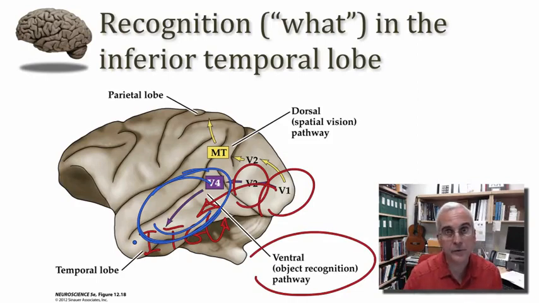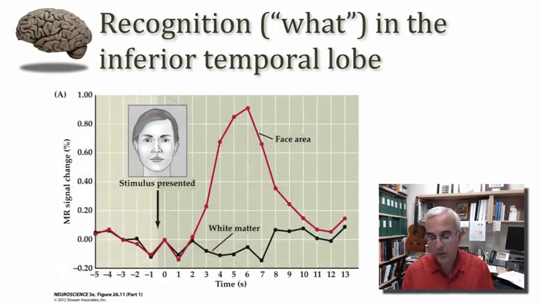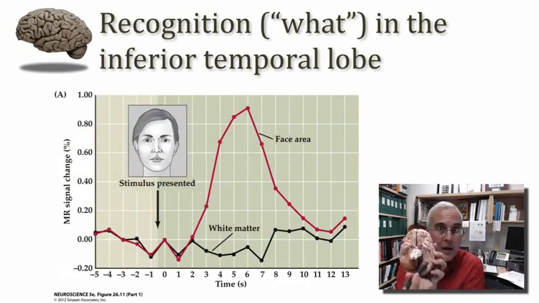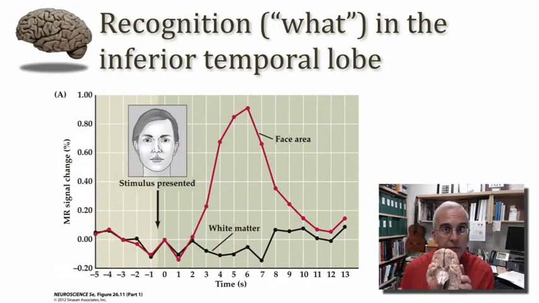And we've been able to do that with our brain imaging techniques such as functional magnetic resonance imaging. And when these experiments have been done, what is quite clear is that there are regions in this inferior temporal lobe, again associated with this so-called fusiform gyrus region, that seem to become especially active when we are confronted with a human face.